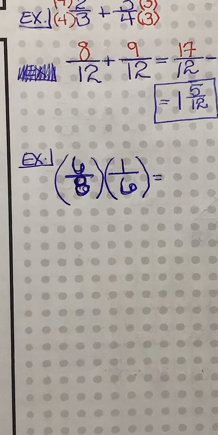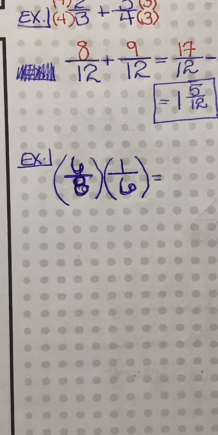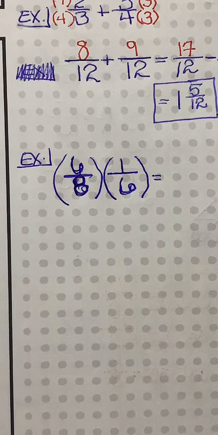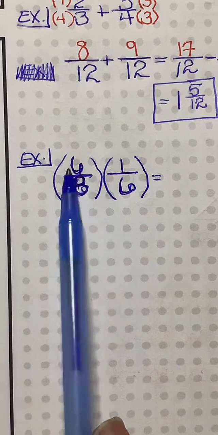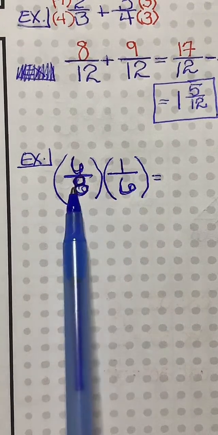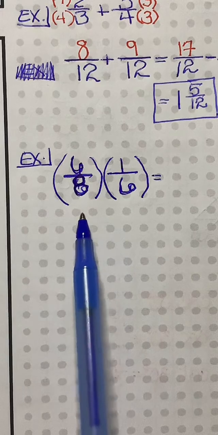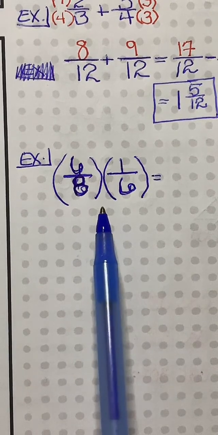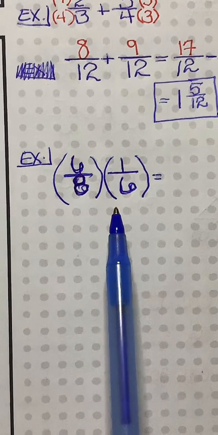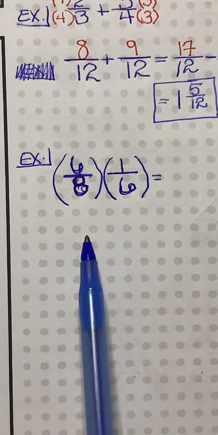You can do this one of two ways. You could multiply numerator with numerator and denominator with denominator. Now, when you're multiplying, you do not have to have a common denominator. Common denominator is only for adding and subtracting.